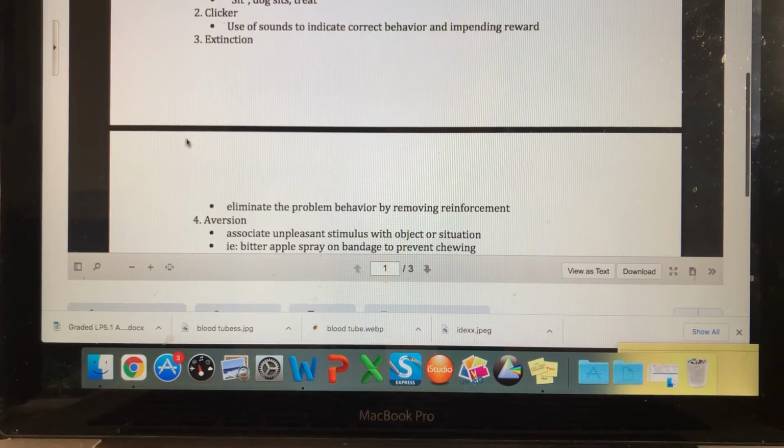Because she's picking the dog up and cuddling it. If you ignored the dog and stopped that reinforcement, it might actually remove that behavior from the dog's repertoire, right? So if there's a behavior you don't like, ignoring it and not reinforcing it will stop that behavior. Basically, animals don't want to do something they're not getting a reward for.